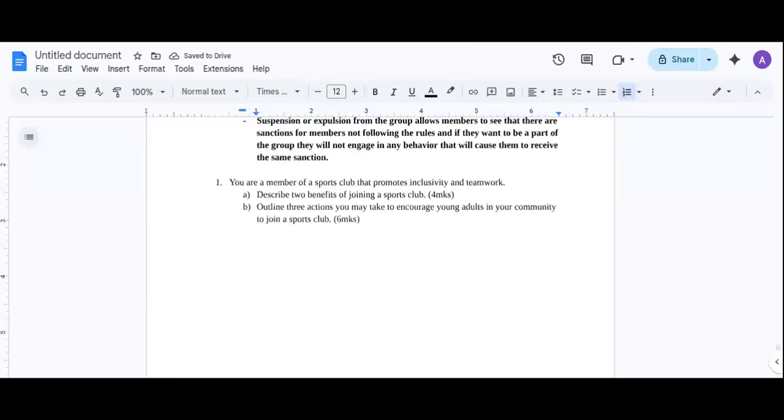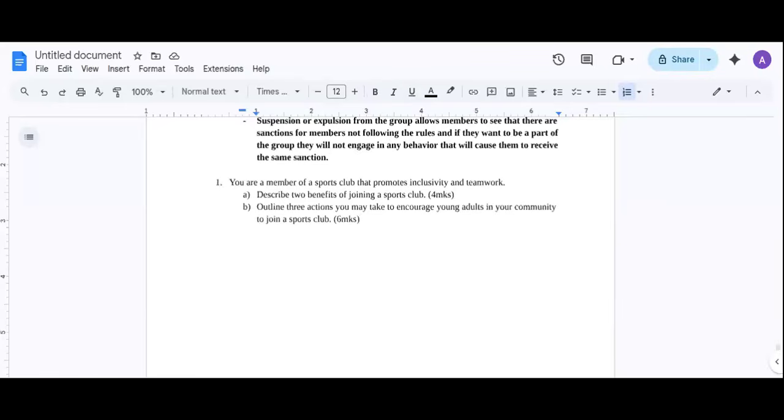So you are a member of a sports club that promotes inclusivity and teamwork. Describe 2 benefits of joining a sports club. Then you have to outline 3 actions you may take to encourage young adults in your community to join a sports club.